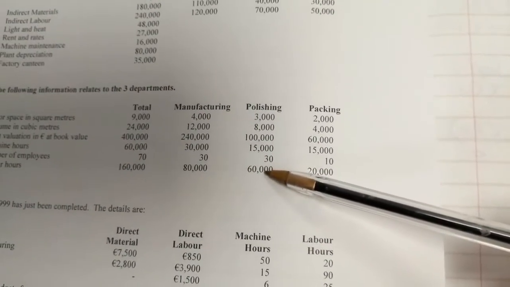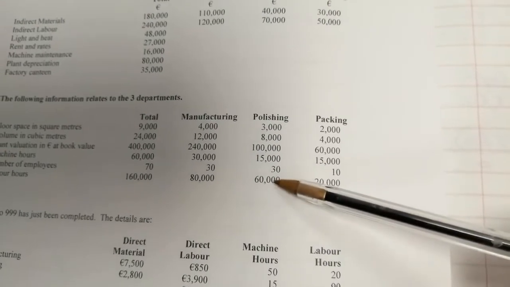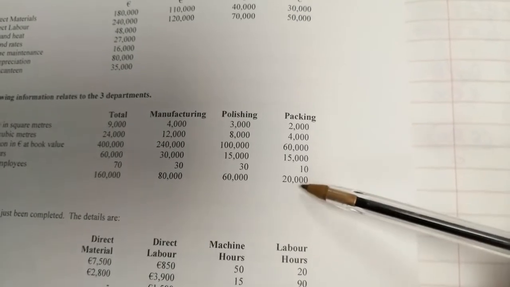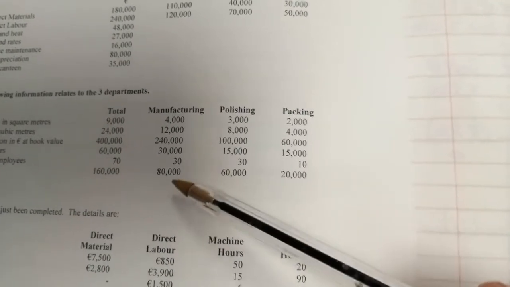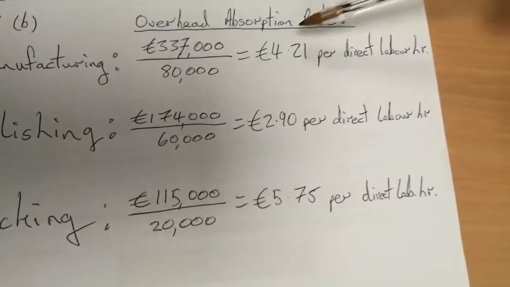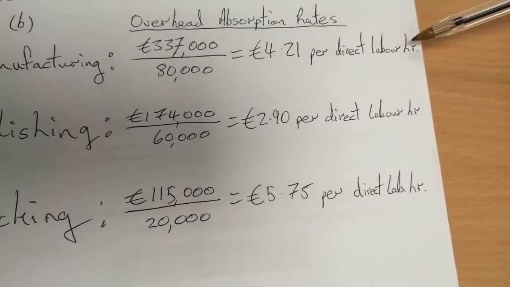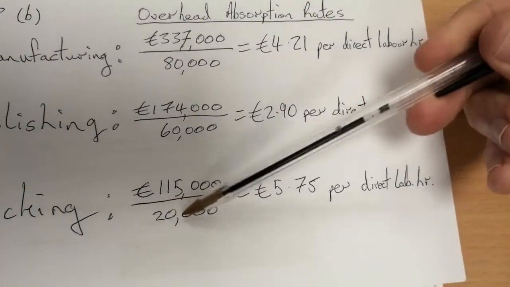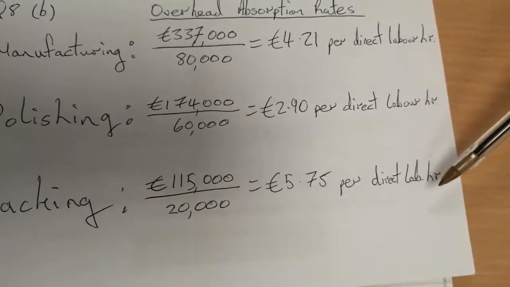Polishing has more labour hours than machine hours, so we'll use the labour hours. And in packing, there's more labour hours than machine hours, so we use the labour hours again. So we're going to divide the overheads by 80,000, 60,000 and 20,000 respectively. Dividing by 80,000 gave me 4.21 per direct labour hour, dividing by 60,000 gives me 2.90 per direct labour hour, and dividing by 20,000 gives me 5.75 per direct labour hour.